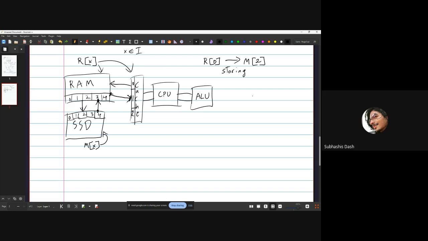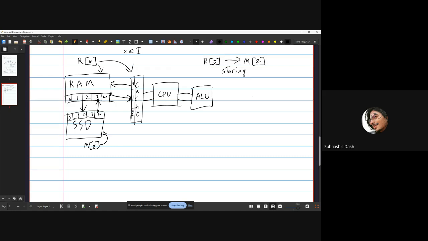So we are going from a non-permanent memory into permanent memory. We store the data from a non-permanent source to a permanent location.